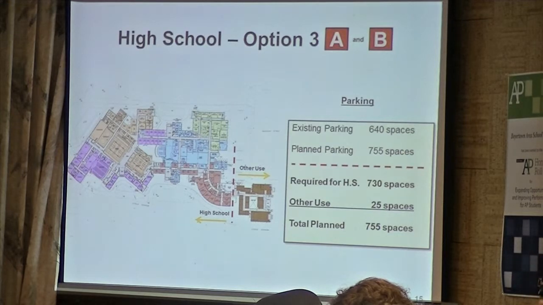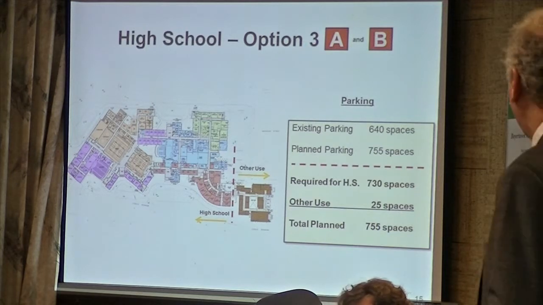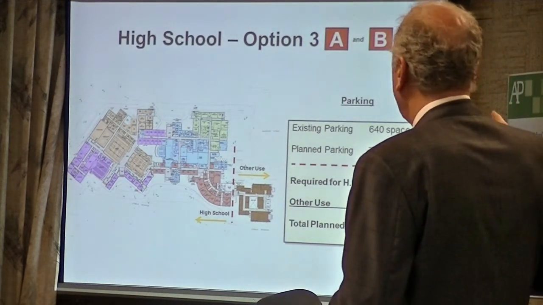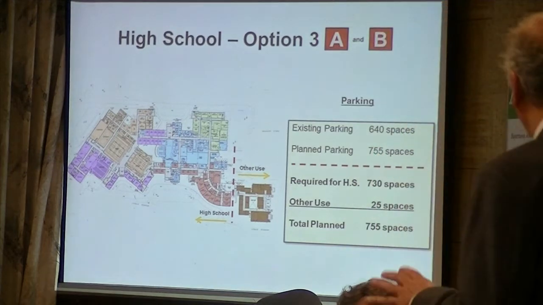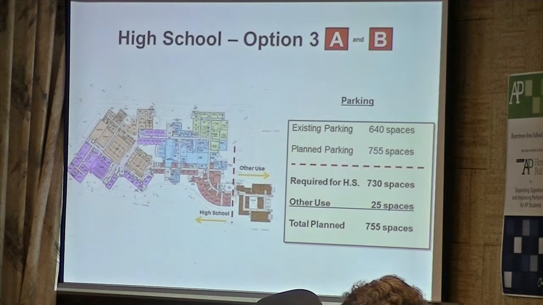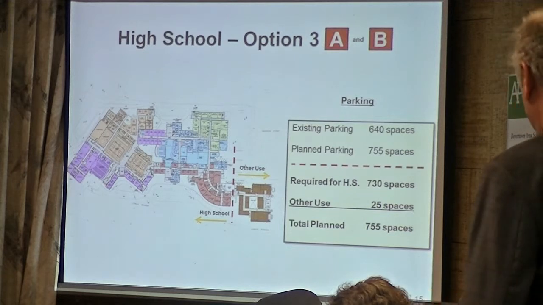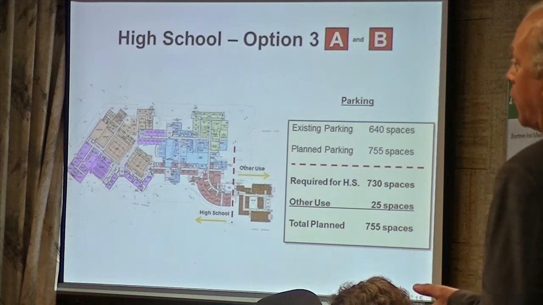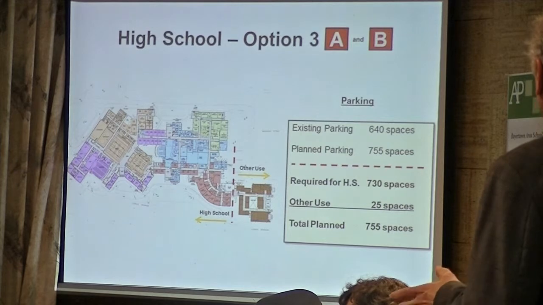The required spaces under the ordinance for the high school are 730 spaces, and for the other use of this facility just happens to be 25. So the parking spaces that we have planned on the site are adequate for this design at 755 spaces. So that just happened to work out that way based on the ordinance. So we're okay parking based on the use of that building.